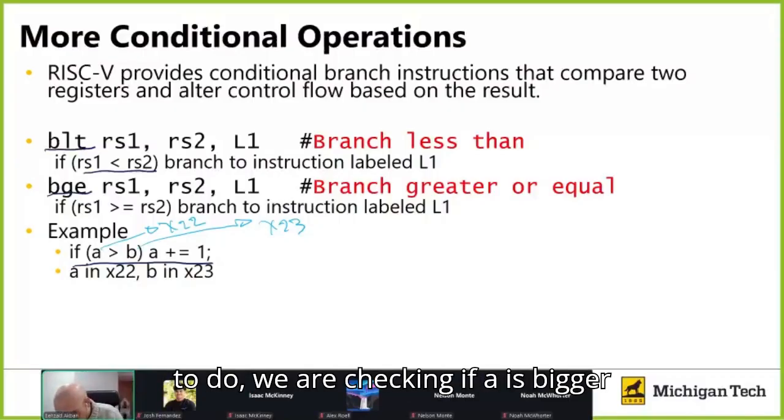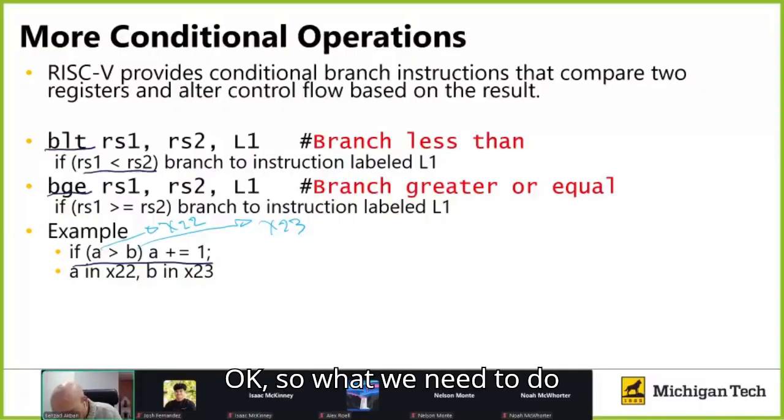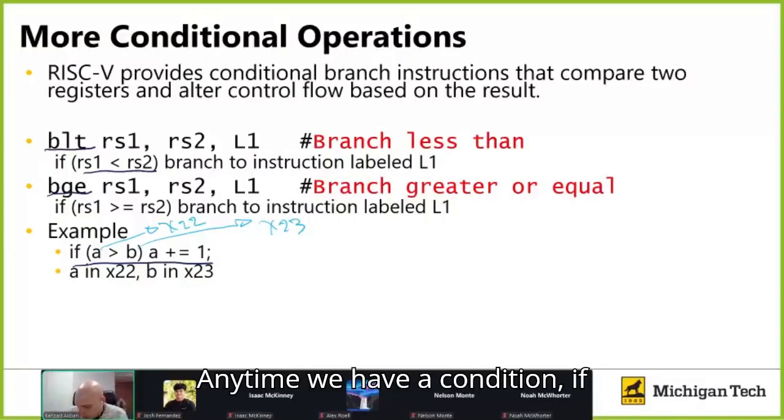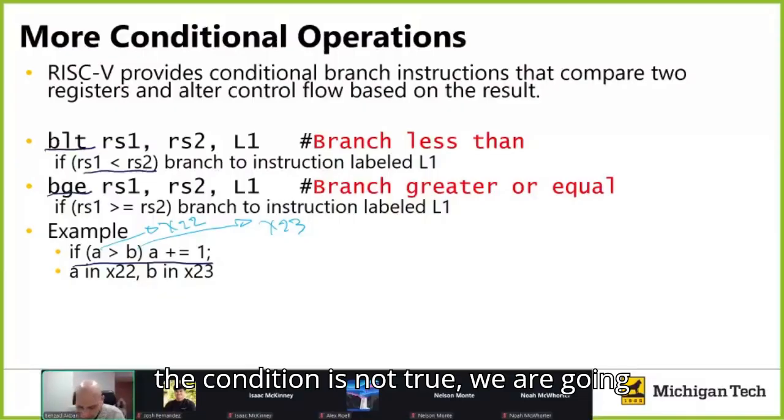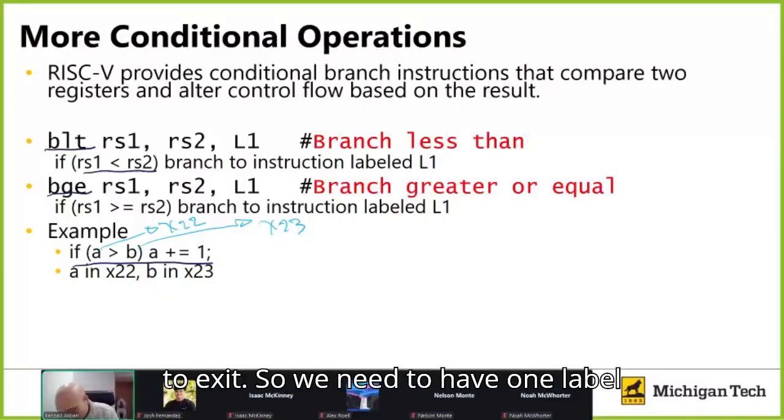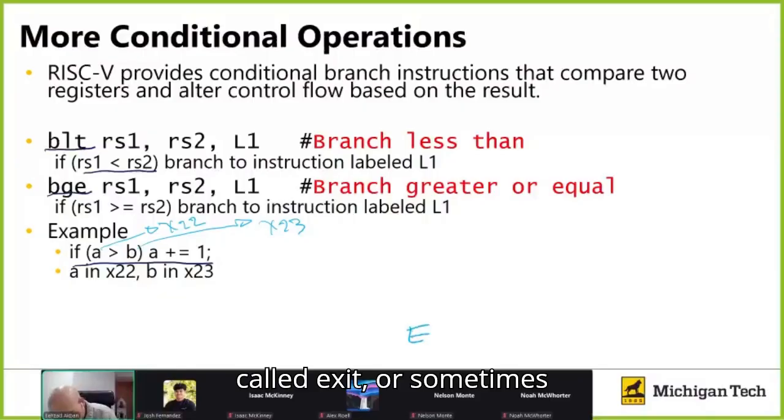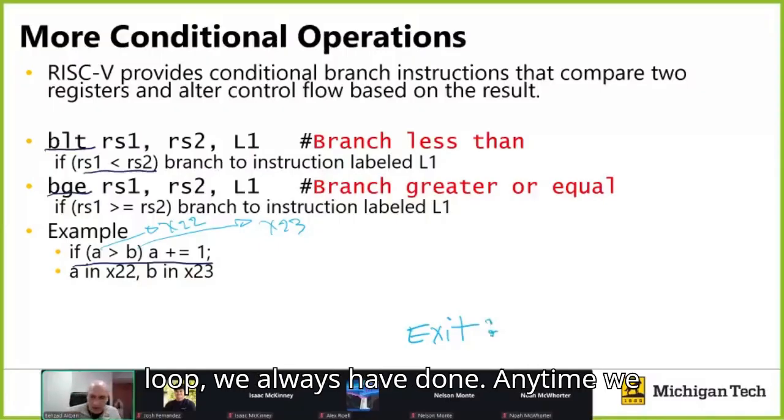So what we need to do is check if A is bigger than B. Anytime we have a condition, if the condition is not true, we are going to exit. So we need one label called exit, or sometimes we call it done. If it's a for loop, we always have done.